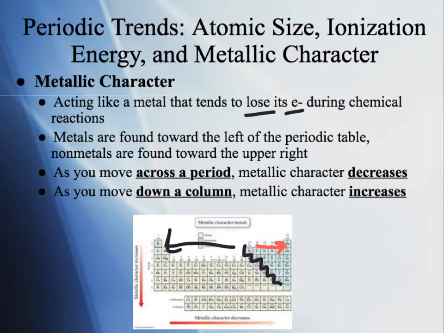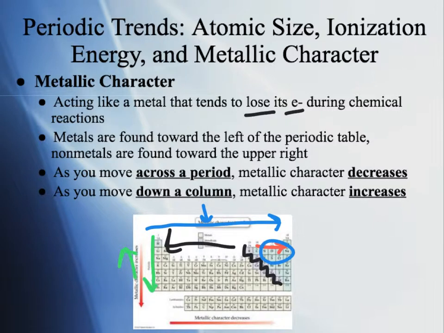If you think about it logically, as you move across a period from left to right, metallic character decreases, because you go away from the metals and you hit the nonmetals on this side. However, as you go down a column, metallic character is going to increase.